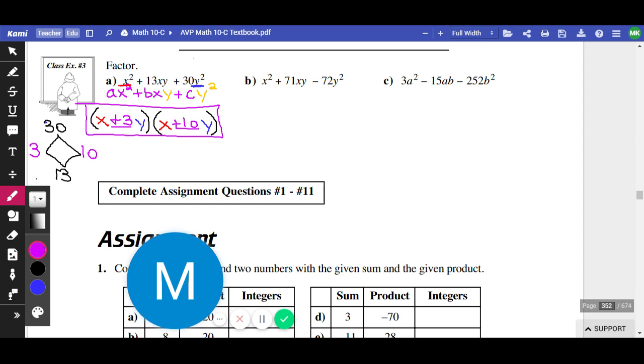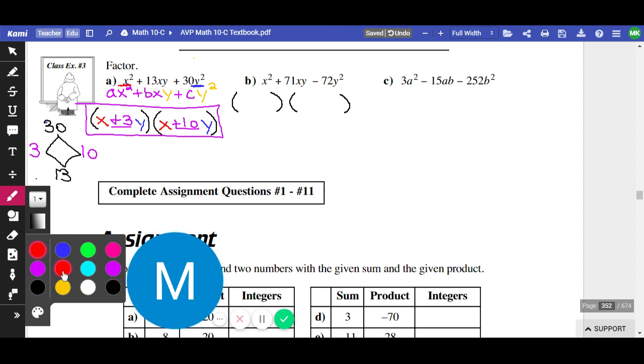Okay, we'll try b together. So we'll look at it. We have a trinomial. Kind of looks like it's in our form. Okay? We know trinomials always turn to be two binomials. So I'm going to put my two binomials. We know the first term is created by the two first terms multiplied together. So x and x.